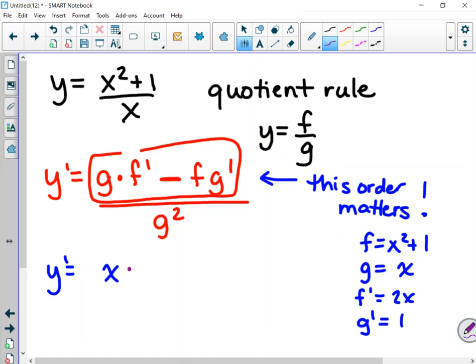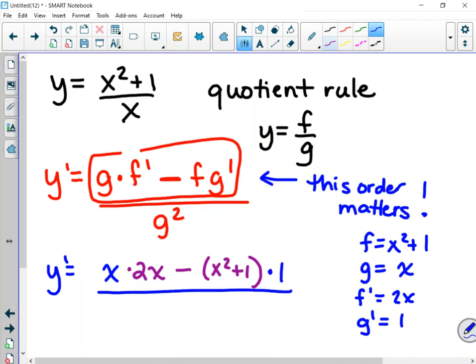And here I go. f g prime divided by g squared.